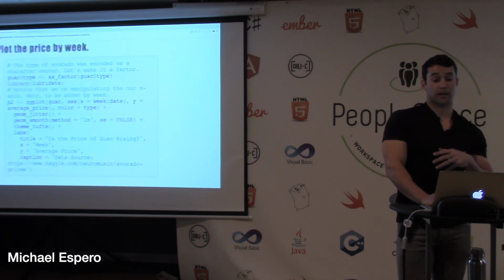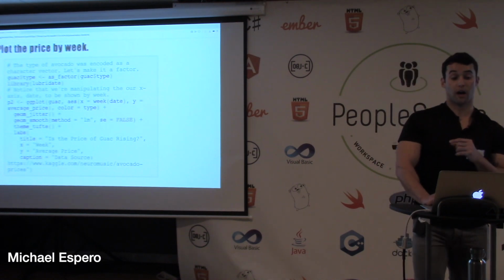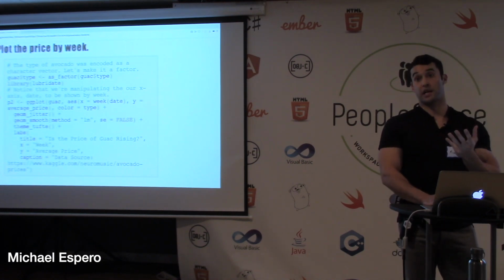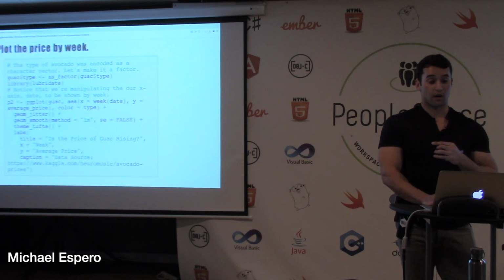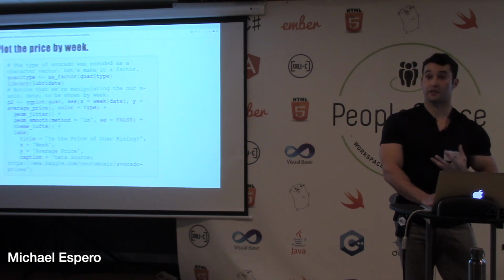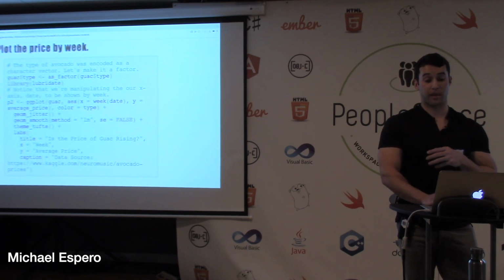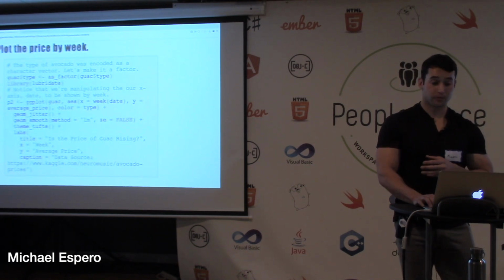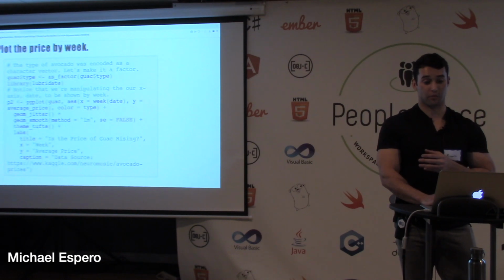Now, before we go into this plot, when we read in the data about the avocados, we saw that the type column was a character vector, but it'll be more useful to us if we make it a factor. So we're going to factor that variable and assign it back to itself.